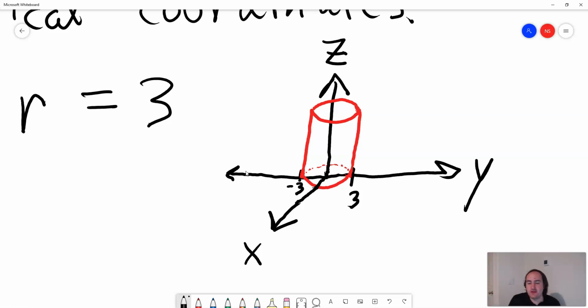Okay, and then the same thing on the x-axis. So the x-axis also goes from negative 3 to 3. So on the positive x-axis, this is 3. And then on the negative x-axis, back here, this is negative 3.